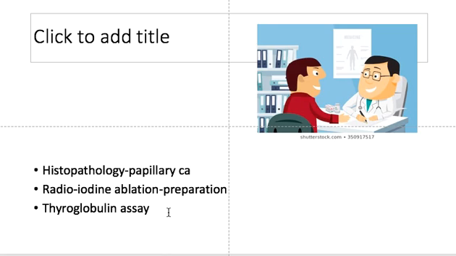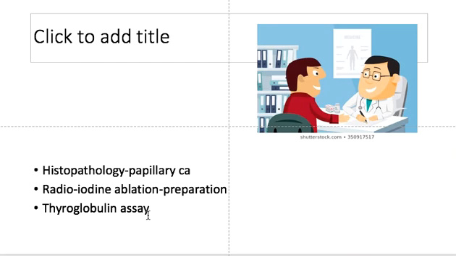Now, even though this is not absolutely necessary, the thyroglobulin values will be TSH dependent. So it is better to get the thyroglobulin assay also with TSH stimulation.